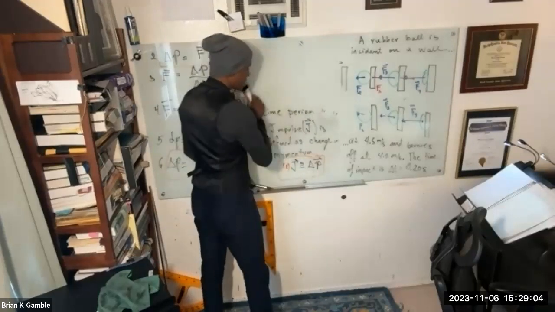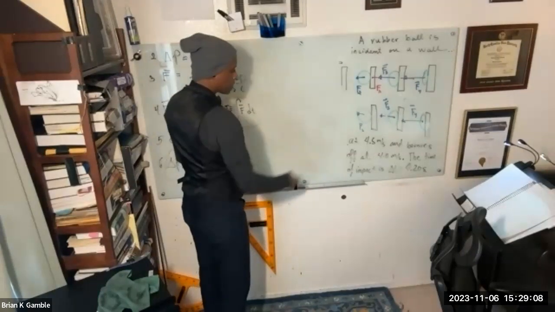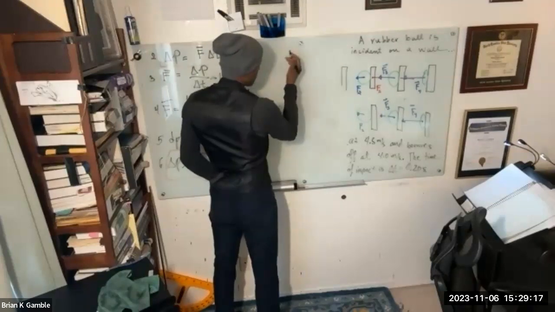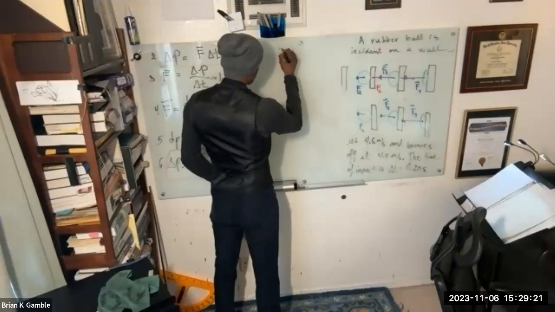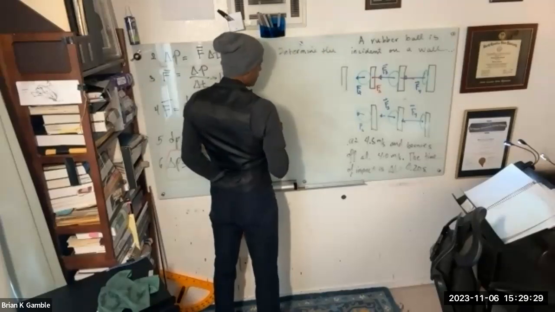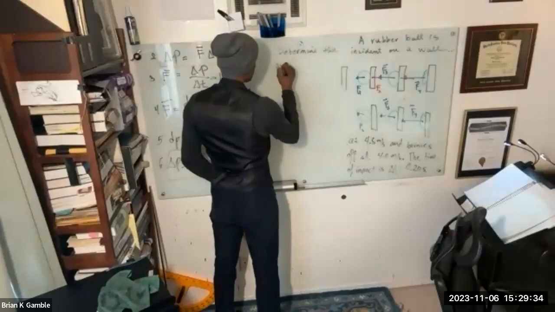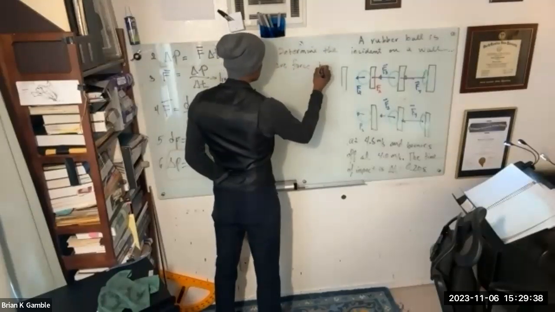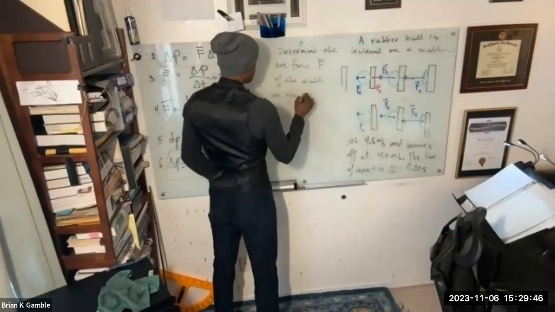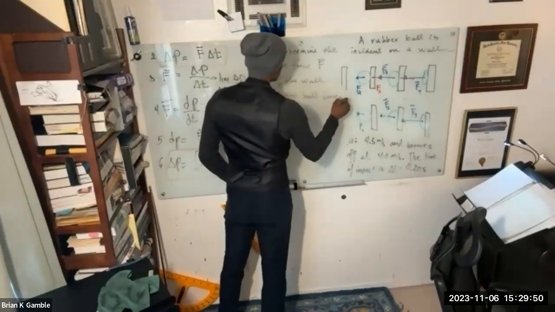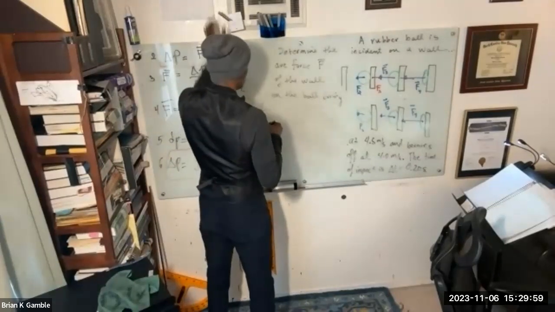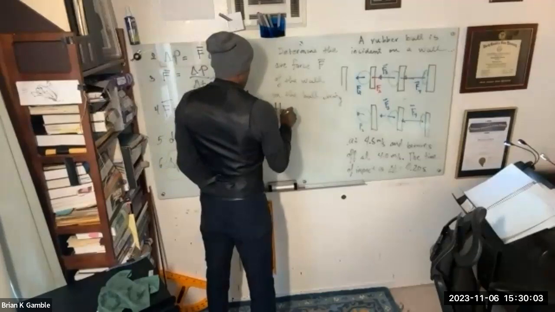So basically, determine the average force of the wall on the ball during the collision, the impact or impulse force.